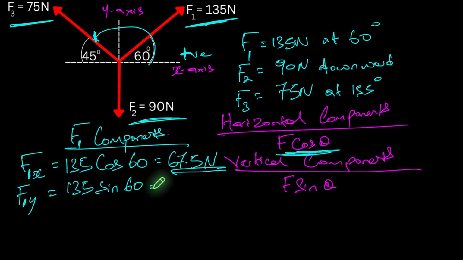When we put that in the calculator, if you're using a Casio calculator, you just write 135 sin 60 and you should get this answer, 116.91, and our unit is newton. Again, it's a force. So those two are the force components for F1.